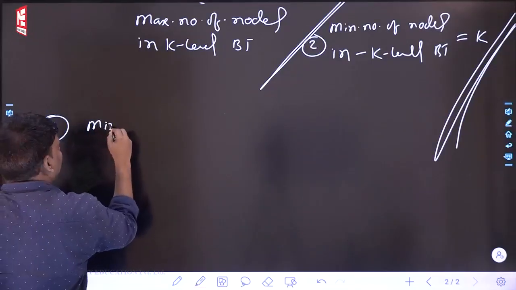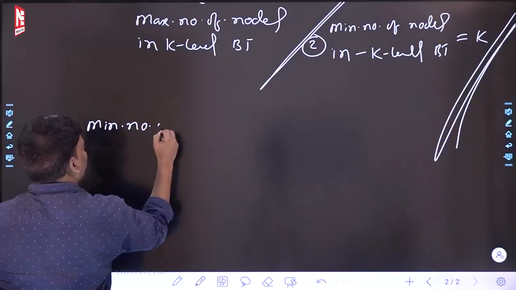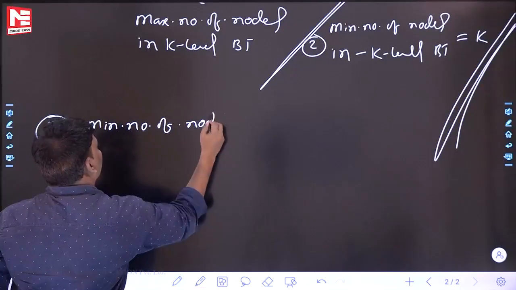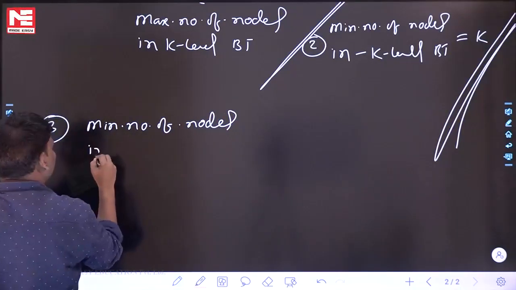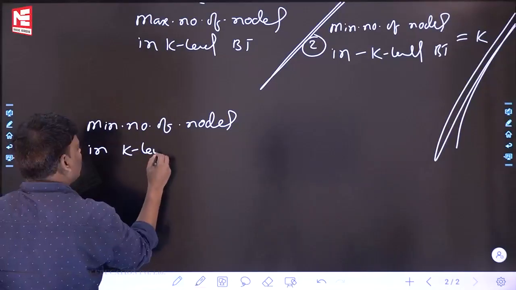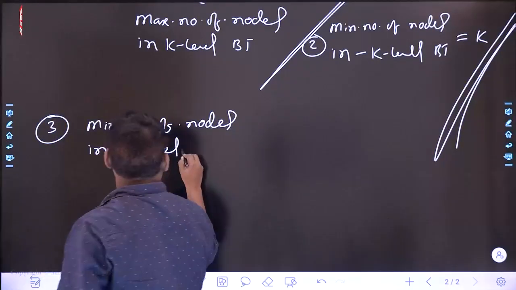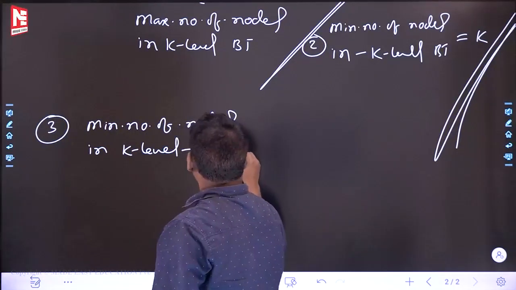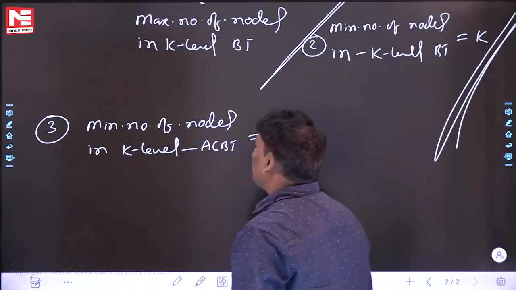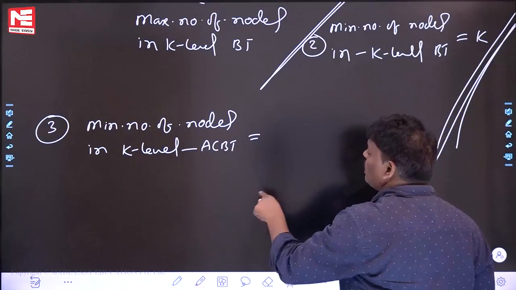Minimum number of nodes in K level almost complete binary tree is equal to.